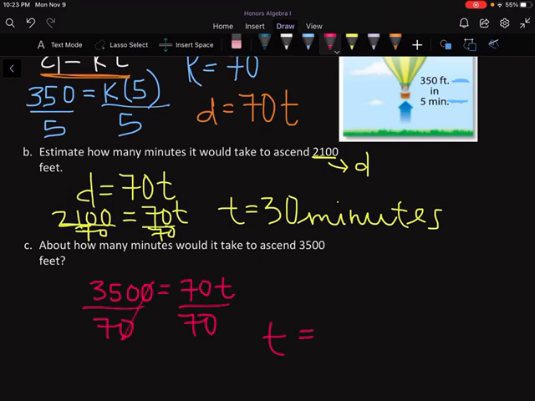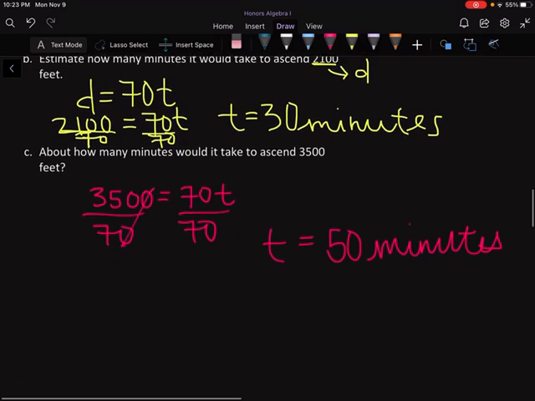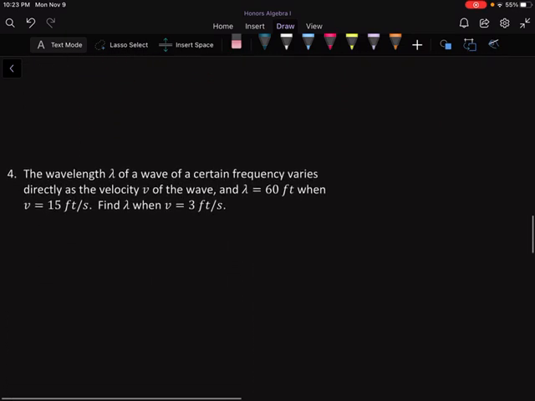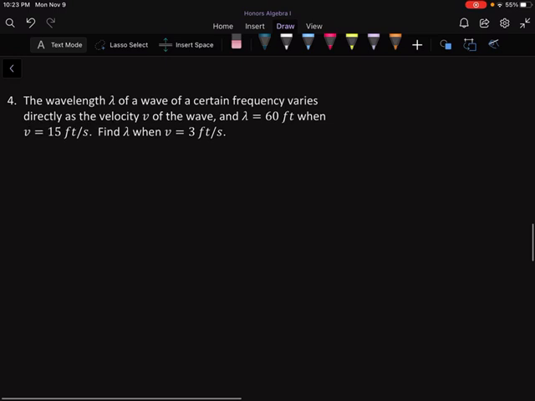Those cancel out. 350 divided by 7 is 50. 50 minutes. That's right.